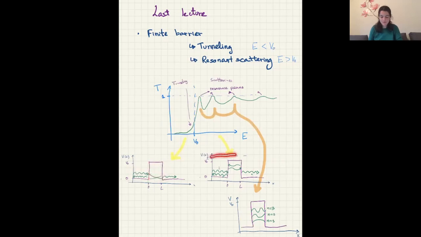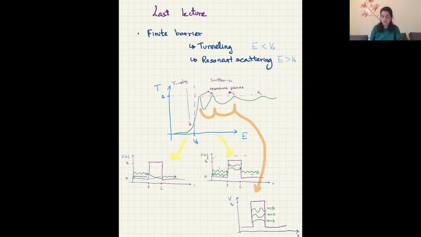And when the energy of the particle was above, the wave function propagated like a wave, also inside the barrier, and then there were some scattering resonance frequencies at which there was more wave being transmitted from one side to the other.